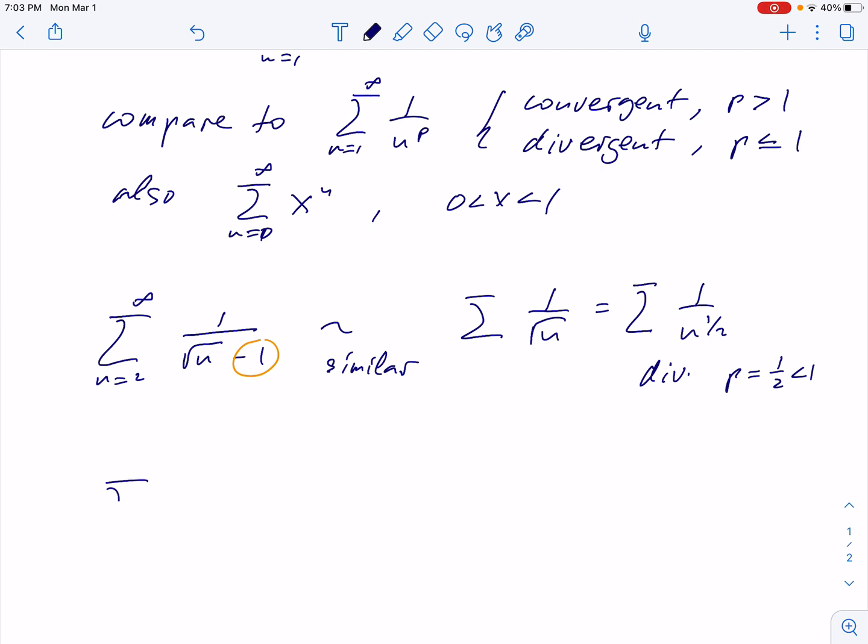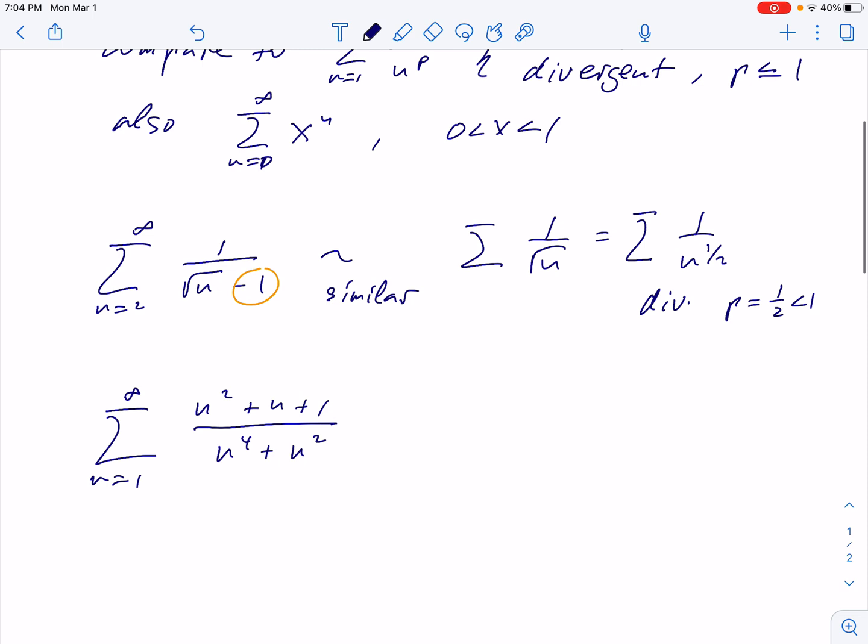Here is another example. Let's look at the series n squared plus n plus 1 on top, and here we have n 4th power plus n squared. This is the general term, a sub n. N goes from 1 to infinity. Now, here we reason this way. There are different powers of n.